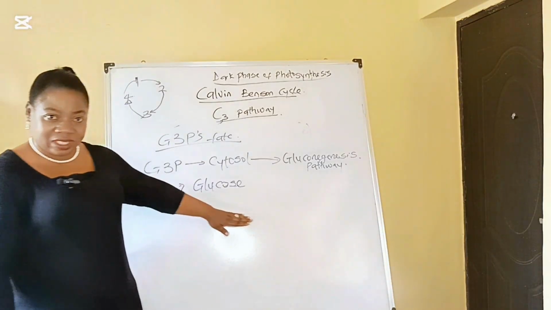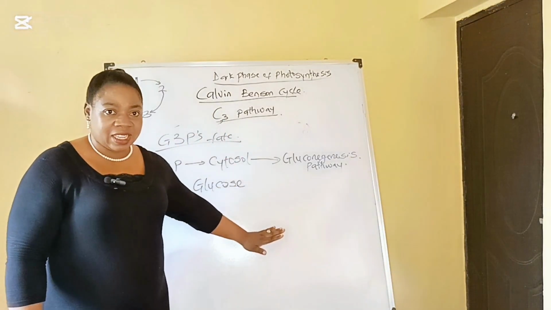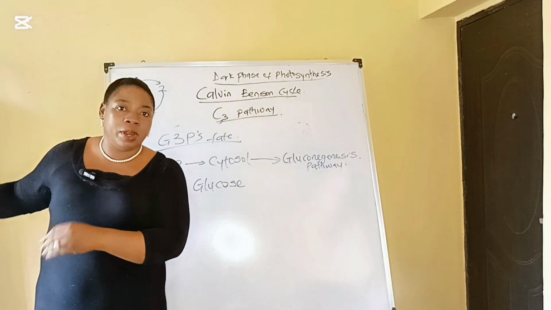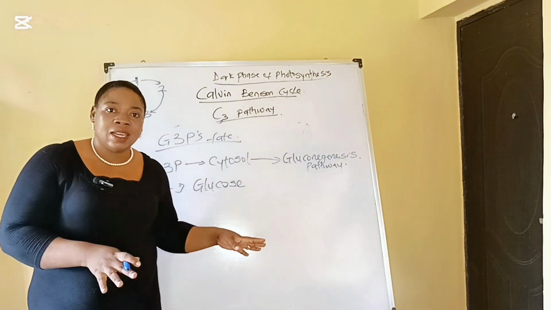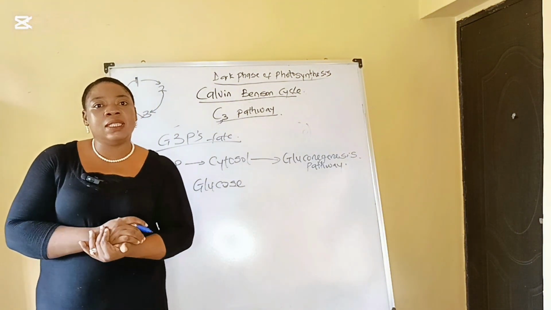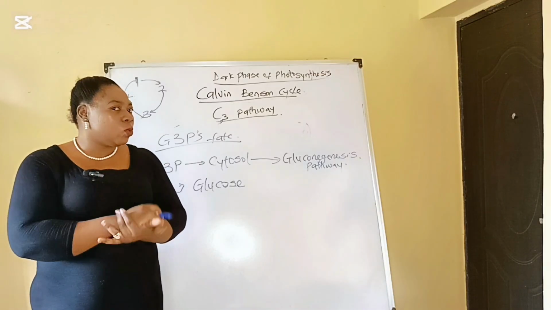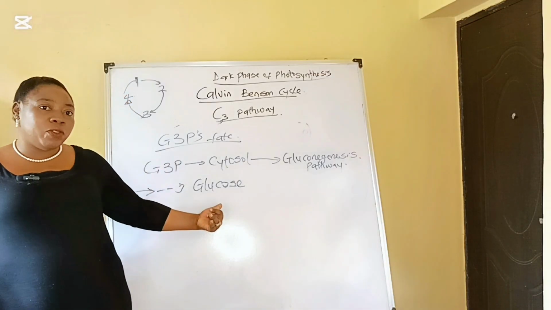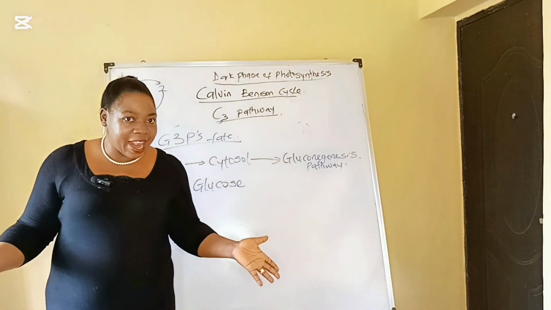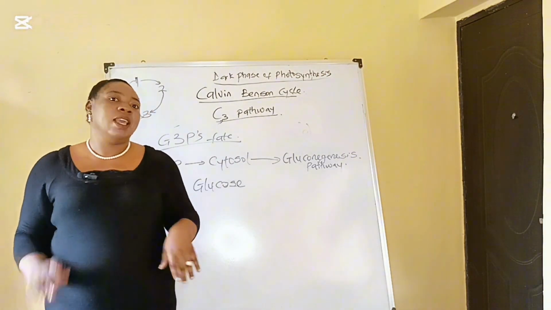Now, through all this process, the glucose will be stored in the plant. So when the plant needs it, it will break down the glucose. And what pathway involves the breakdown of glucose to give you energy? You are right, glycolysis.